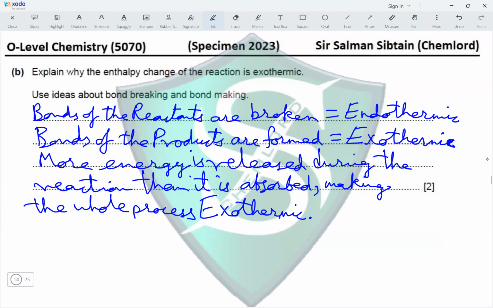And that is why the entire reaction is exothermic, because the amount of energy that was released is greater than the amount of energy that was absorbed during this reaction.